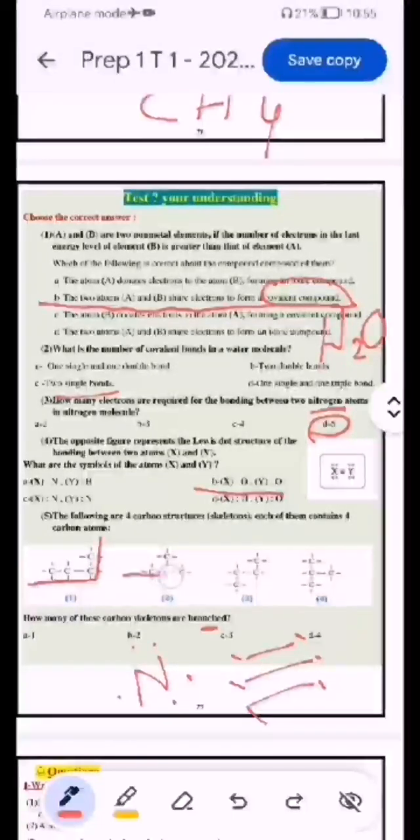Number 2, 1 line, but it cuts to take this carbon, okay? So it is branched. Number 3, move in 1 line. Number 4, 1 line, but it cuts. So we have two branched skeletons, okay? 2 branched chains.